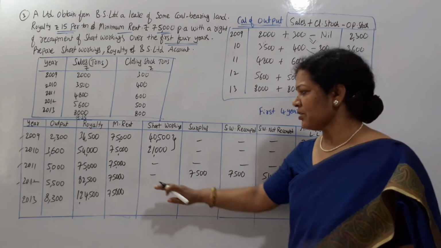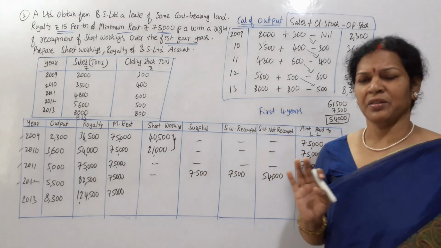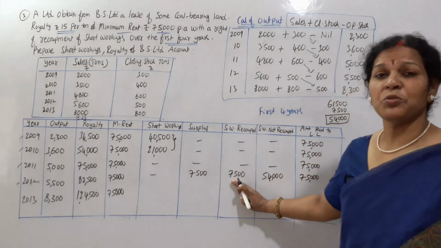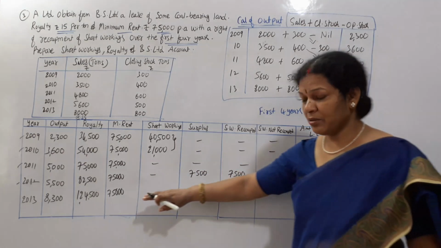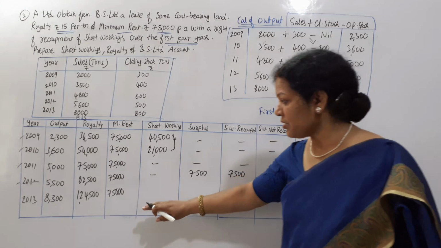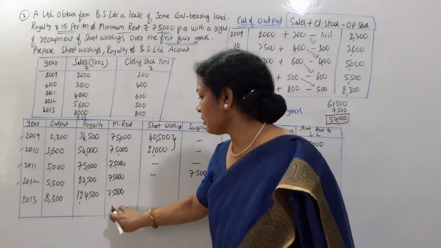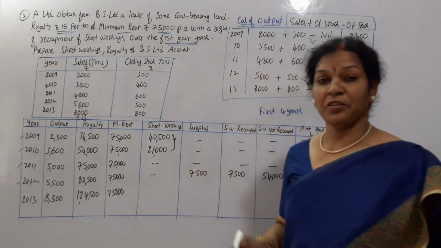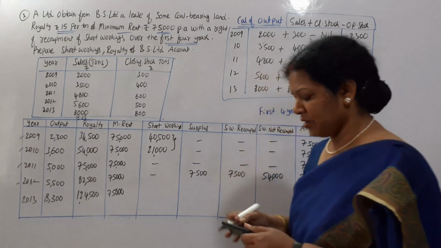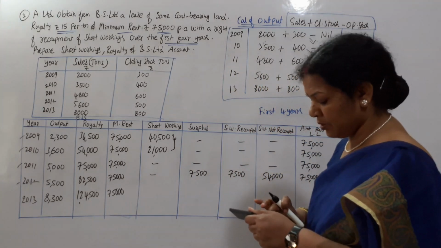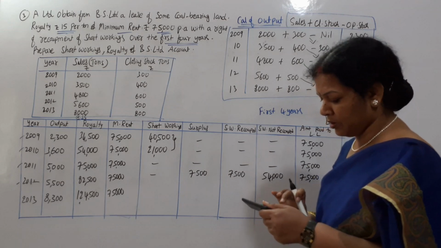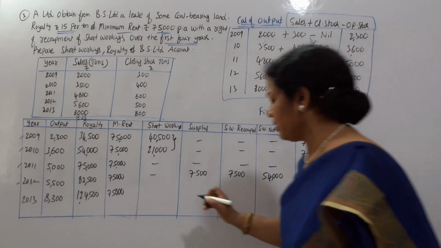Now coming to the last year, short workings are over. What was not recouped has lapsed, so we will not bother about it in the last year. Last year we have 75,000 minimum rent, but royalty is more. There is a difference of 49,500 surplus.